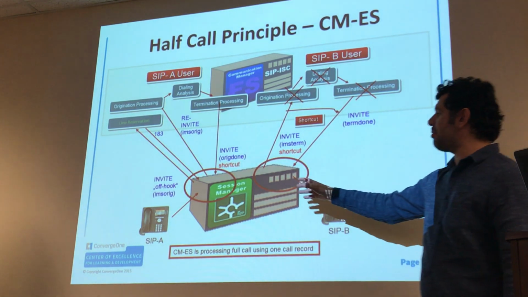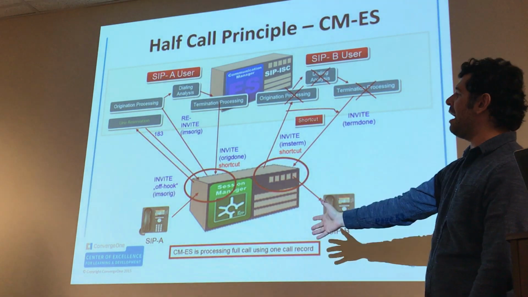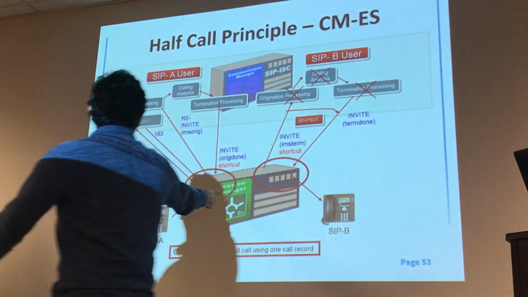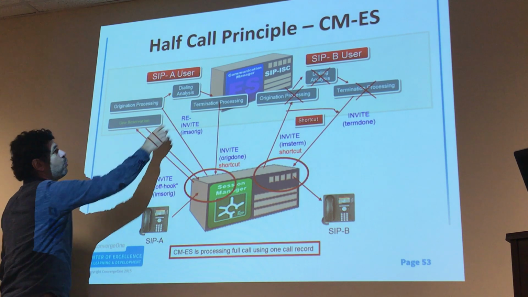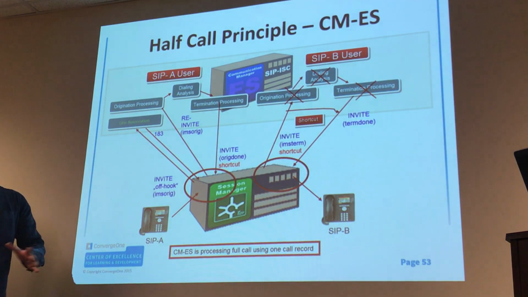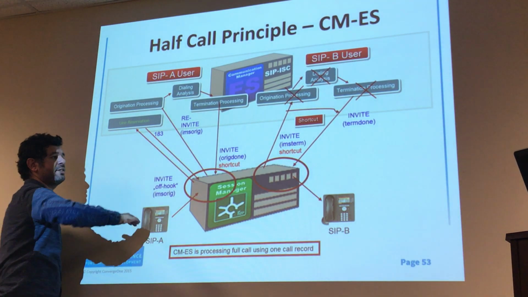So from a Session Manager perspective, it always works in the half call model, where it first sends a request to CM to apply features on behalf of the caller, and then it sends another request to apply features on behalf of the callee. So Session Manager always splits the call in two halves.